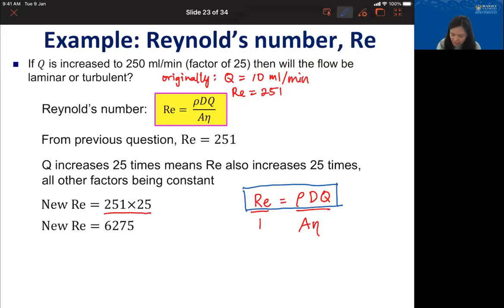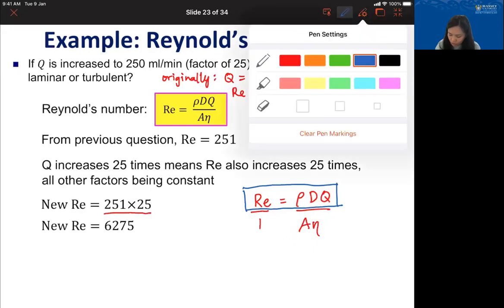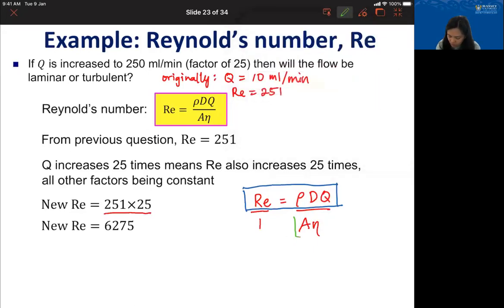So density is directly proportional to Reynolds, diameter is directly proportional to RE, and Q is directly proportional to RE. And then A and eta, they're inversely proportional. So these things here are inversely proportional to the Reynolds number, and these ones here on top are directly proportional.